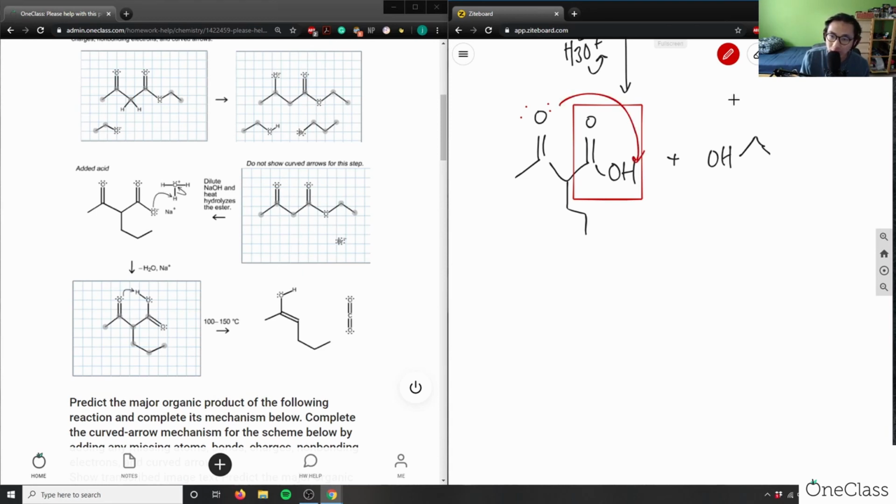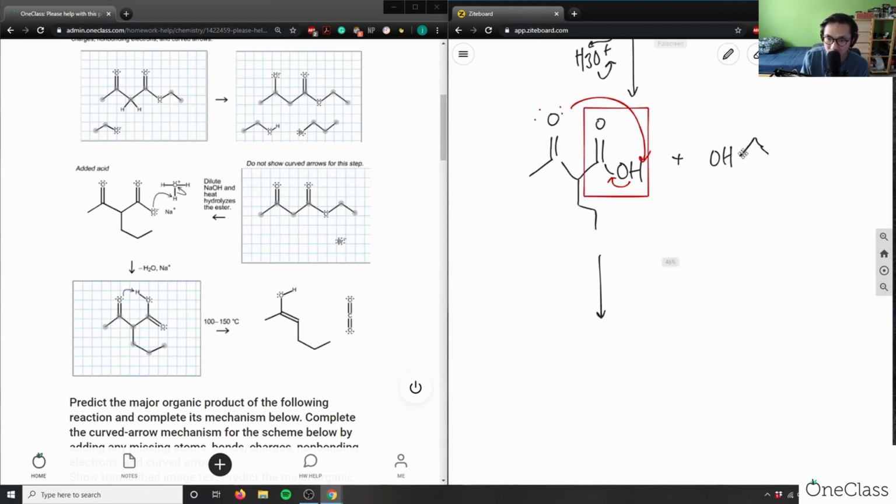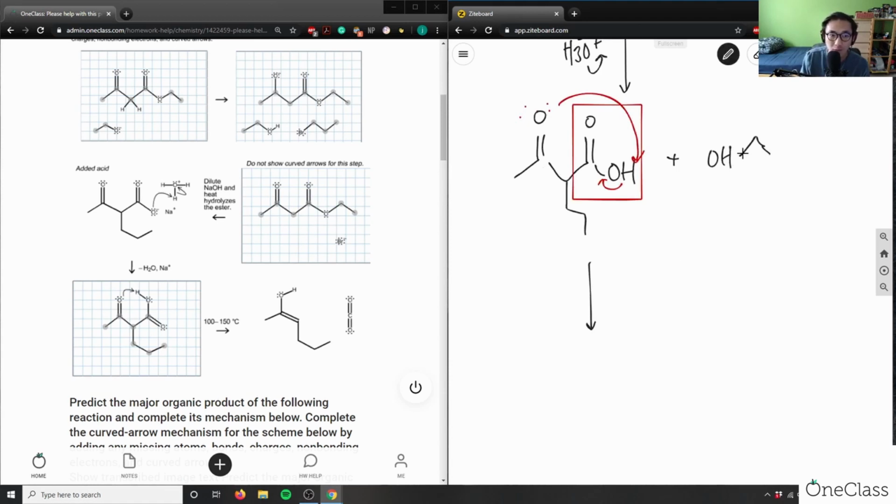This is going to then collapse on itself, and then it's going to break up the entire carboxylic acid. And this is done in the presence of heat, right? So this is done in the presence of heat. Oh, whoops, sorry. This is heat, and this is 100 to 150 degrees Celsius. I'm actually not sure about the temperature, but I'm assuming that's right.